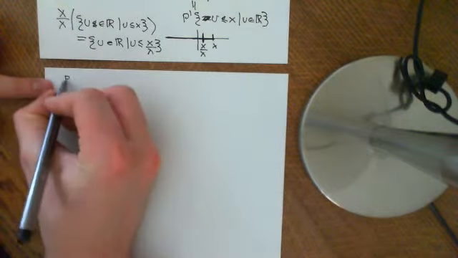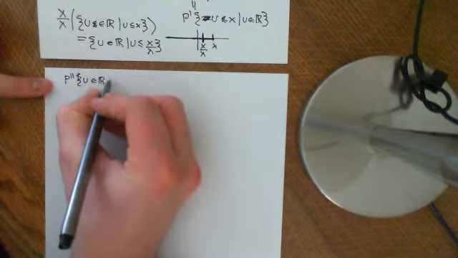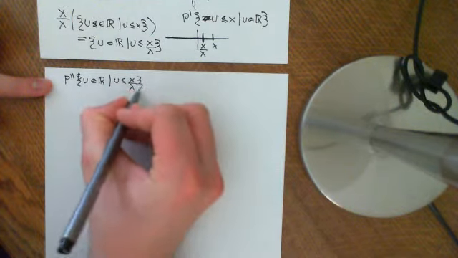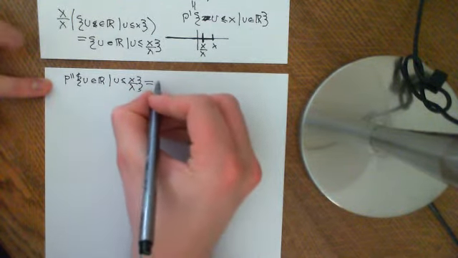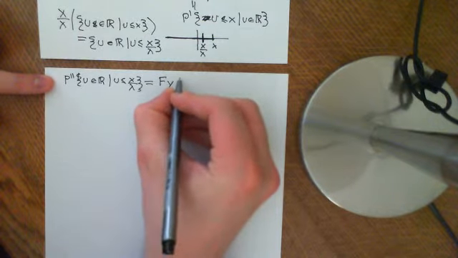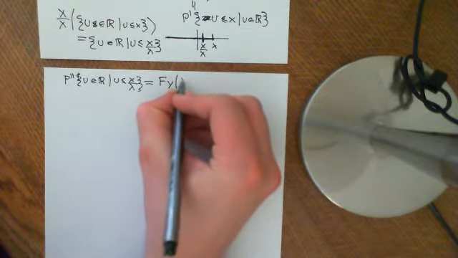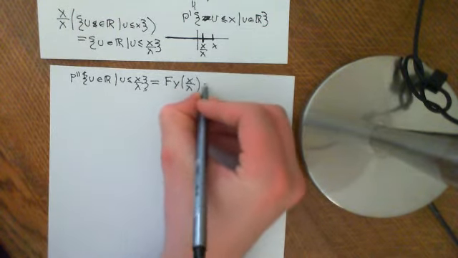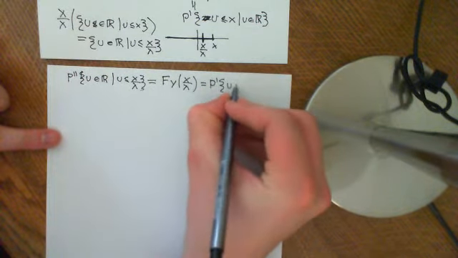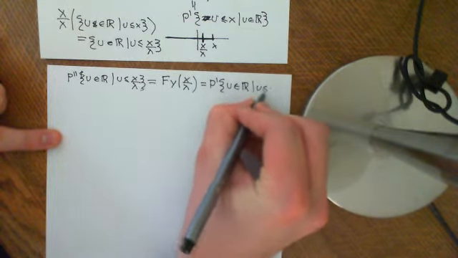So we want P double prime of u in the real numbers with u less than or equal to x divided by lambda, which is the CDF of this random variable Y evaluated at x divided by lambda, to be equal to the probability P prime of the set of u in the real numbers such that u is less than or equal to x.